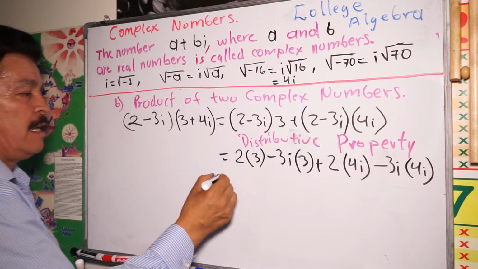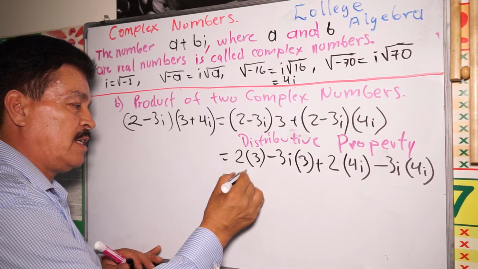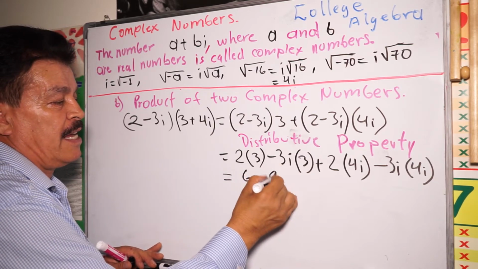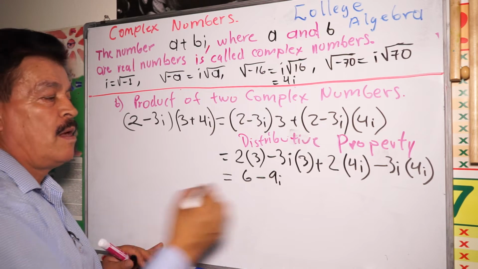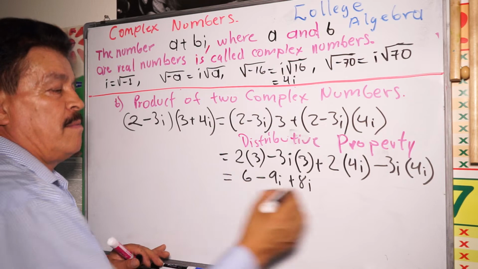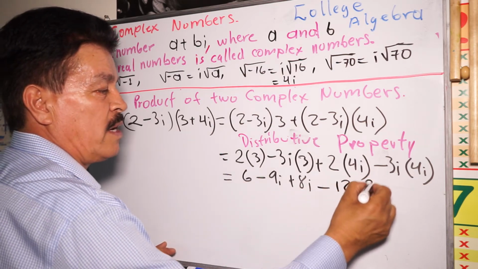Correct? Now simplify. We are going to have 2 times 3 is 6, minus 3 times 3 is 9i, plus 2 times 4 is 8i, minus 3 times 4 is 12i squared.